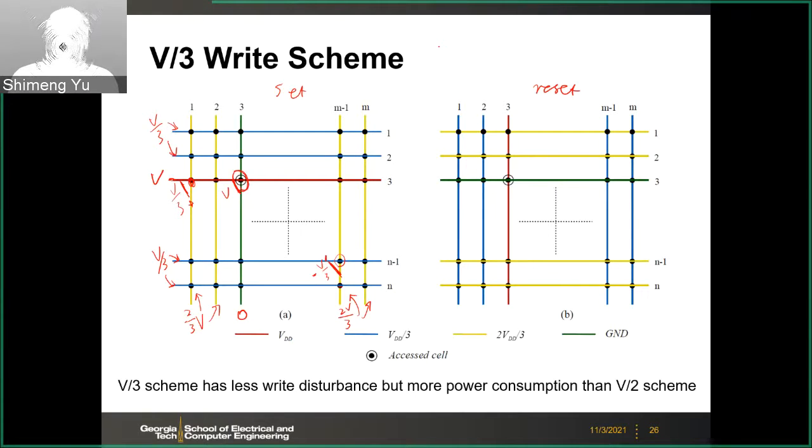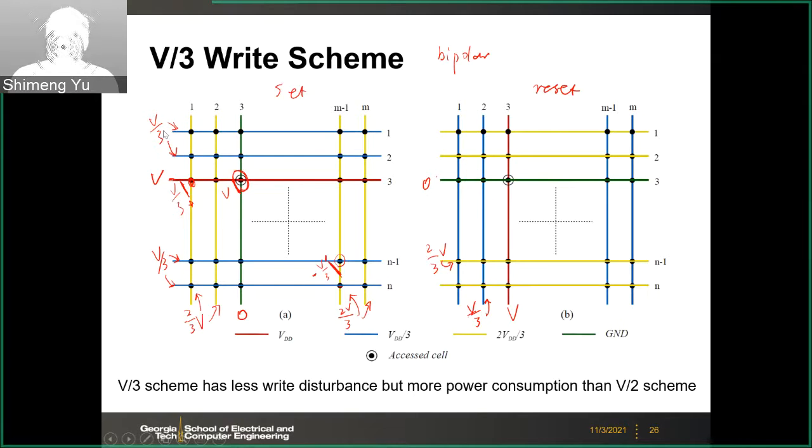For the bipolar switching, you can switch the voltage for the selected cell to be like 0 and V, and in this case, the unselected word lines will be 2/3 of the V, and the unselected bit lines will be 1/3 of the V. So you can verify that all the other cells will see V/3.